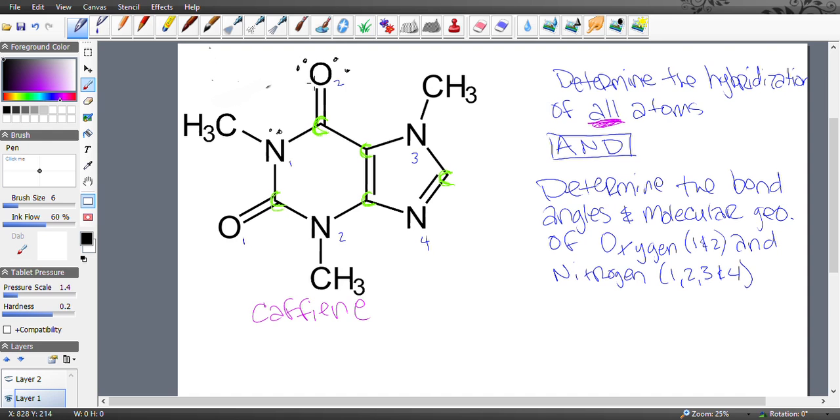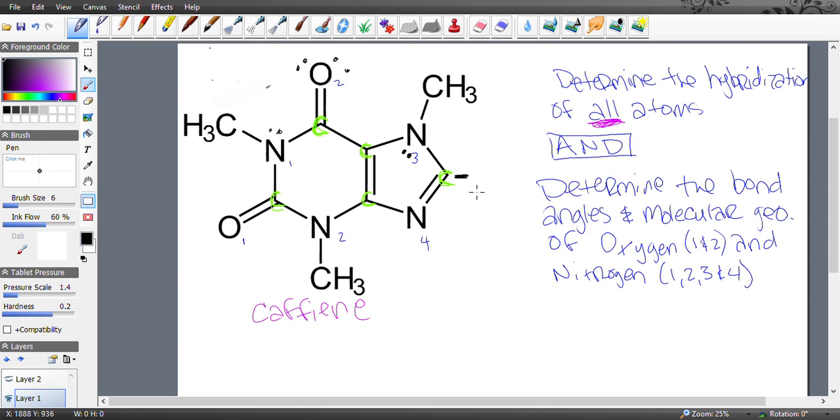This carbon's good, nitrogen's good, oxygen's good, carbon 2, 4, 6, 8, good. Carbon 2, 4, 6, 8, great. Nitrogen 2, 4, 6. Nope, we're missing a lone pair. I'll draw right here. This carbon right here, 2, 4, 6. No, we're missing something.